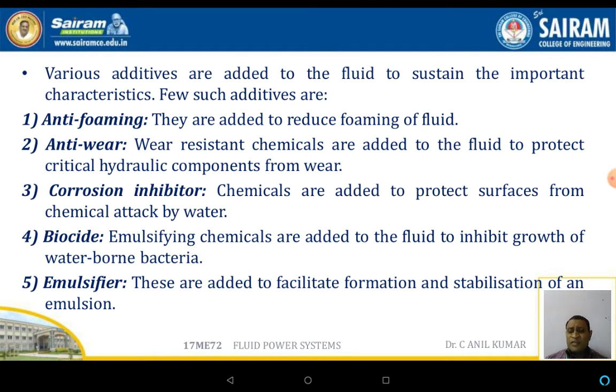Biocides, the emulsifying chemicals, are added to the fluid to inhibit the growth of waterborne bacteria. Once water starts accumulating or coming in contact with the oil, waterborne bacteria, or it may be algae, can also come in or grow in the reservoir, by which the efficiency of the system will automatically reduce.